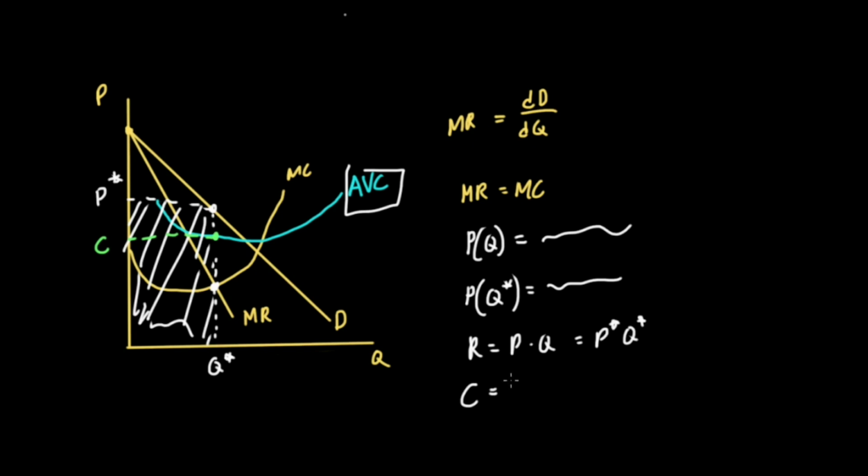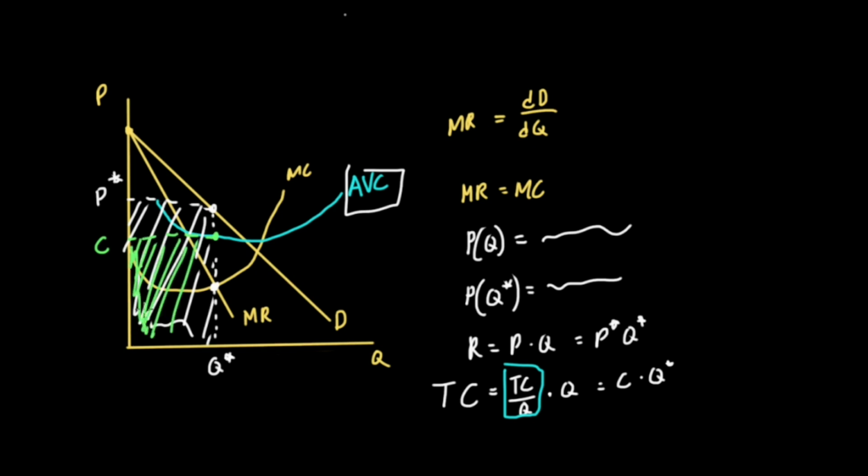The average variable cost is total cost over Q, so the average cost multiplied by Q would be equal to our total cost. So this is actually our total cost. And so the firm incurs a cost of C times Q star, which is this green area over here, which we will shade.